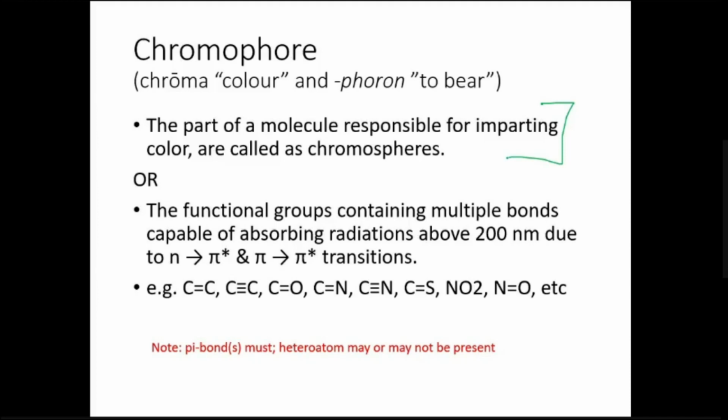Examples of chromophores are carbon double bond carbon, preferably present in conjugation, then carbon triple bond carbon, carbon double bond oxygen, carbon double bond nitrogen, carbon triple bond nitrogen, carbon double bond sulfur, and many other examples.